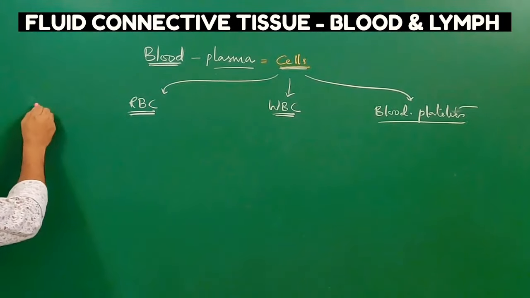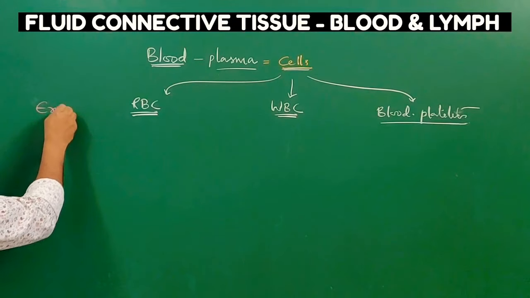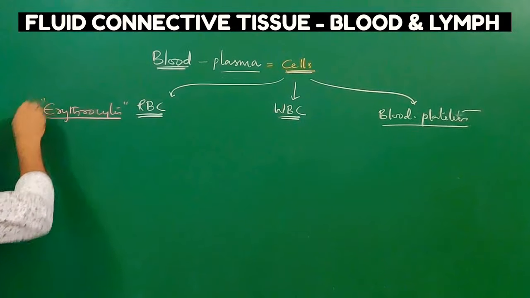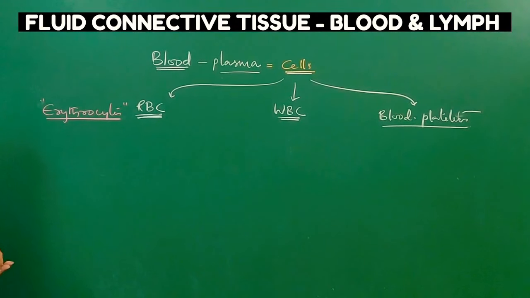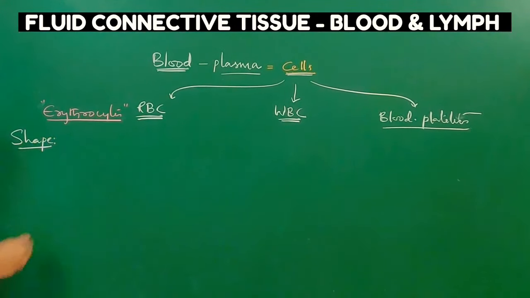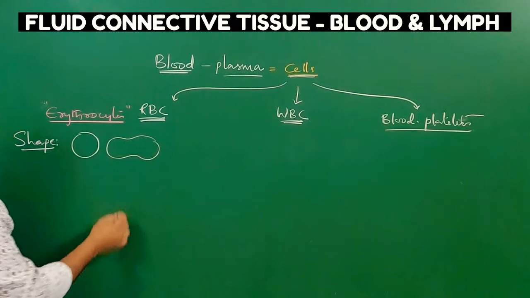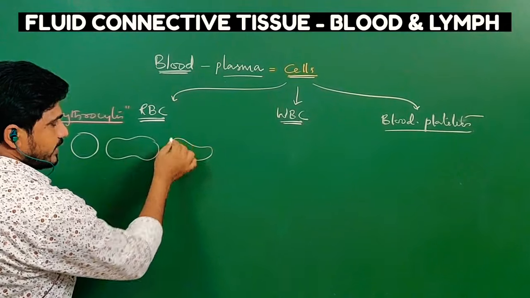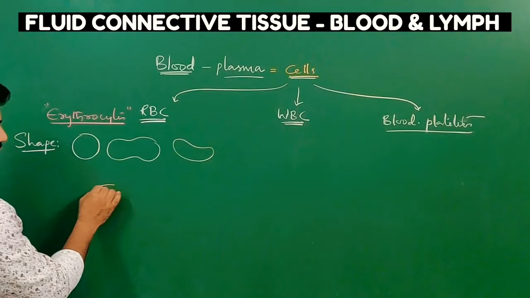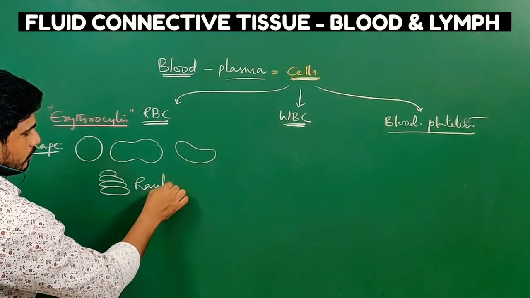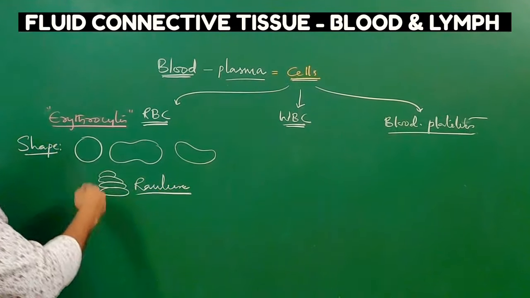First, about RBC. RBC is generally called erythrocytes. Erythro means red. The shape of RBC may be spherical or biconcave, sometimes like a disc, or sometimes they arrange as a rouleaux arrangement, a coin arrangement.